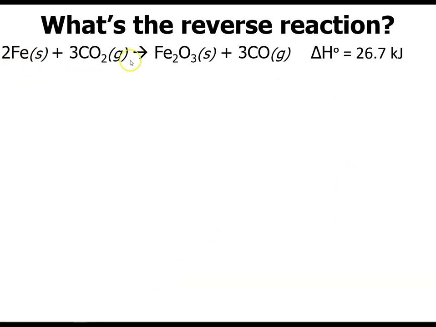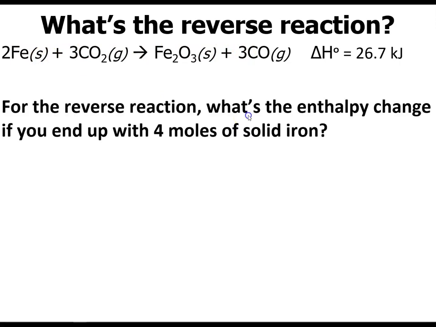Okay, so we have this chemical reaction, thermochemical reaction. What is the reverse reaction? So what if we take the products and make those reactants, and then create the reactants as products instead? When we have the reverse reaction, we're going to write this out backwards.